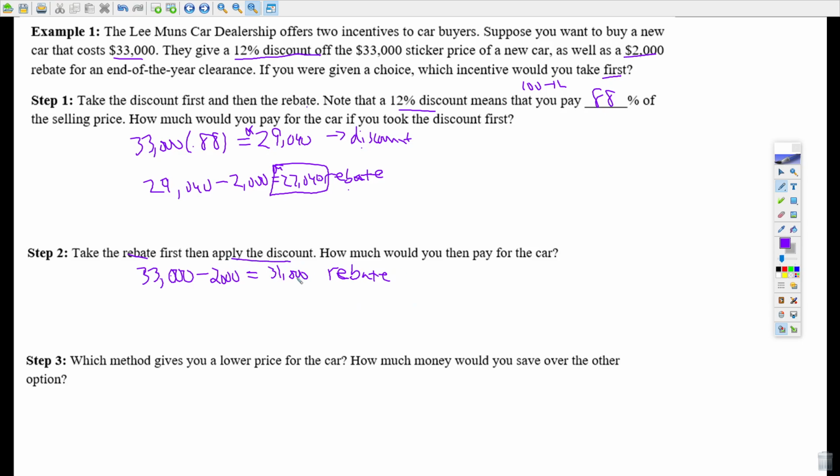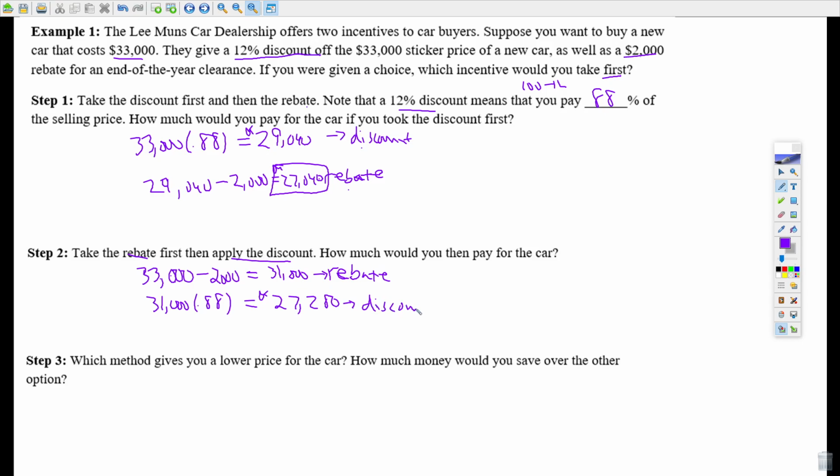And then we're going to apply the discount. So the discount is $31,000 times our percentage that we're paying for, 88%. So if we do 31,000 times 0.88, we end up getting $27,280. And this is our discount. So there's rebate and then discount.